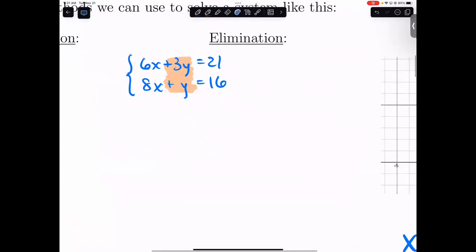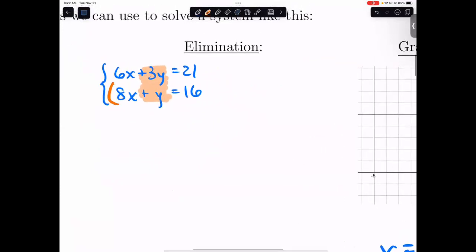Okay, so to eliminate y, first I need the coefficients to match. Right now I've got 3y in one equation and just y in the other one. If I want the coefficients to match, what could we do? Multiply this one by 3. That's the little bit of a reason I'm choosing to get rid of y instead of x: then I only have to do that with one of them instead of both. If I went after x, I'd have to get 6 and 8 to a common multiple.